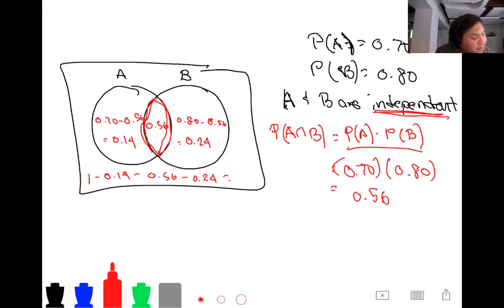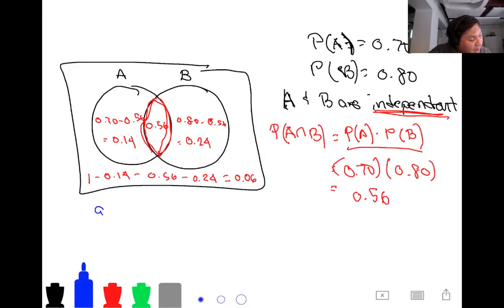So what would be the answer for that long subtraction? 1 minus 14% is 86%, minus 56%, that's 30%, minus 24%, that is 6%. Therefore, the probability of him not doing any of the two homeworks is only 6%.